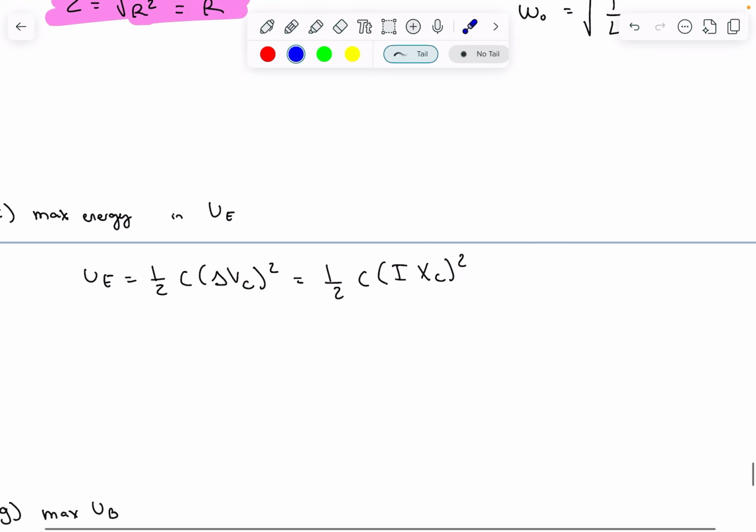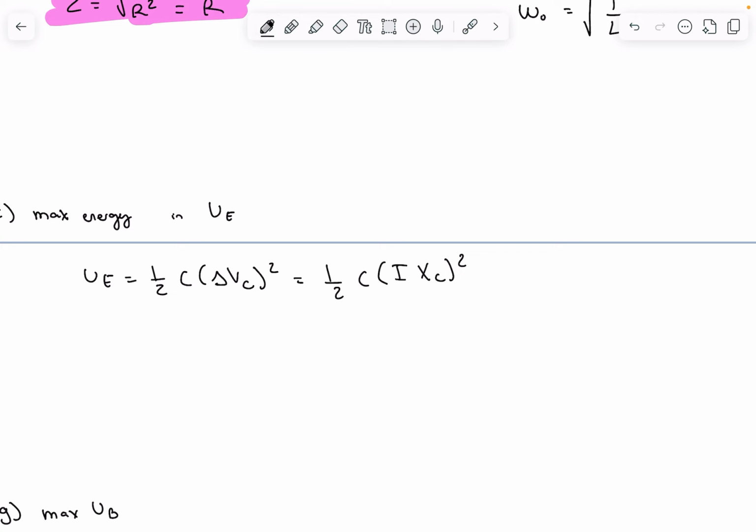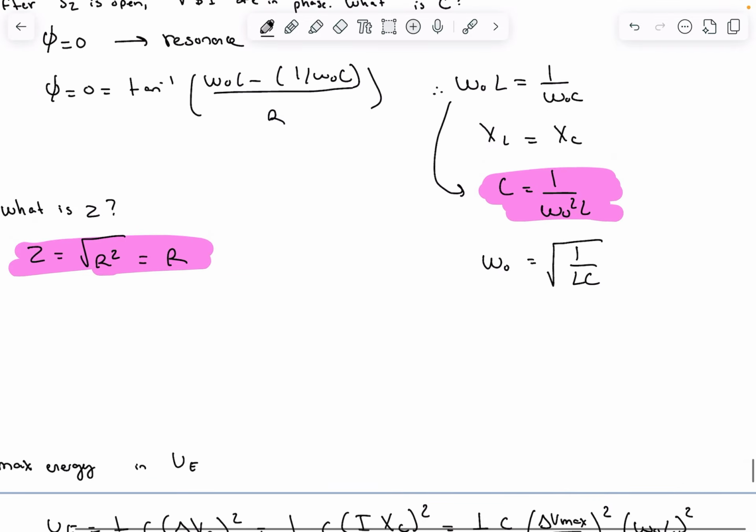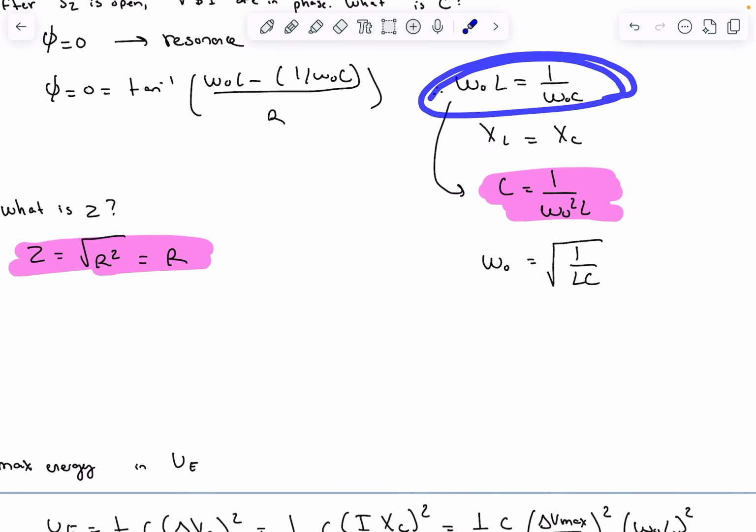Now we want to know I max because we want to know what the maximum energy is. So that's going to be 1/2 C, and then I becomes delta V max over R squared, and then XC just becomes omega naught L squared. Just remember, XL is equal to XC, so these two are equal.